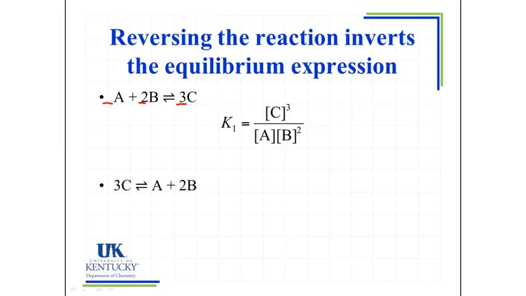If I reverse the reaction, I see a slightly different K value, K minus 1, indicating the reverse reaction, and I have AB squared over C cubed. Now mathematically, this is just the inverse of what we saw for K1. So if I want to find the equilibrium constant for this reverse process, all I have to do is take the inverse, or K1 to the minus 1, of the equilibrium constant for the first reaction.